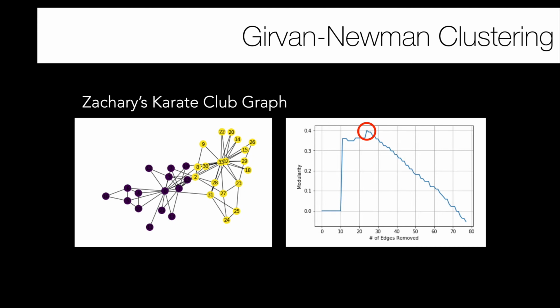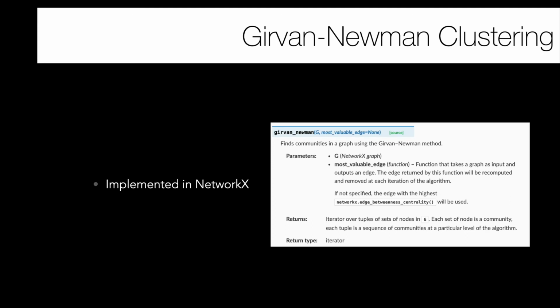So we can make some claim or estimation that removing the top 25 highest betweenness centrality edges gives us a good set of clusters for this particular graph. NetworkX, the Python package that I mentioned and have an example for in the GitHub repo for the class, has an implementation of this particular method of identifying communities in graphs already.